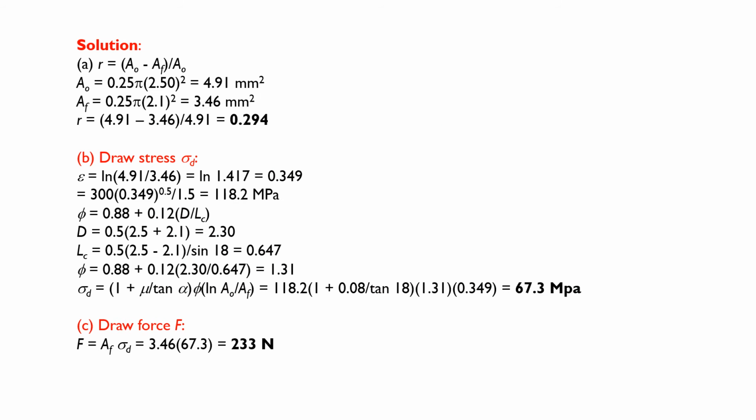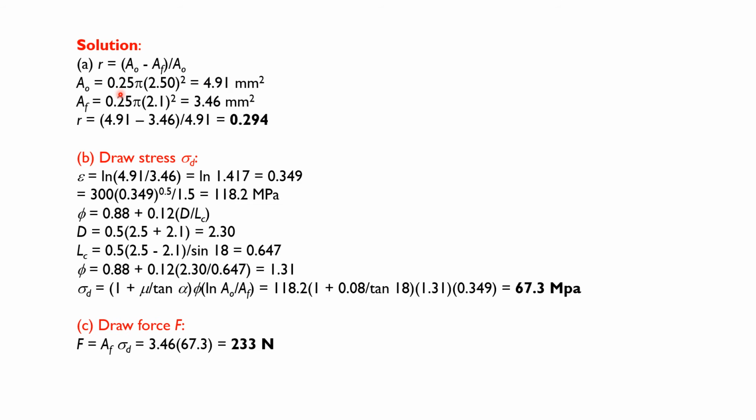So for A, we have to calculate the reduction. So the reduction equation is given by R equal to A naught minus A final over A naught. Since it is already given, the initial diameter is 2.5 mm and the final one is 2.1 mm. So we can calculate the A naught and also the A final here by using the equation for the area.